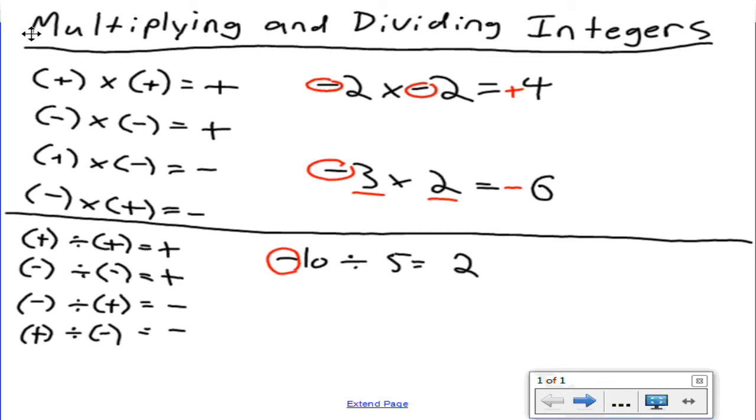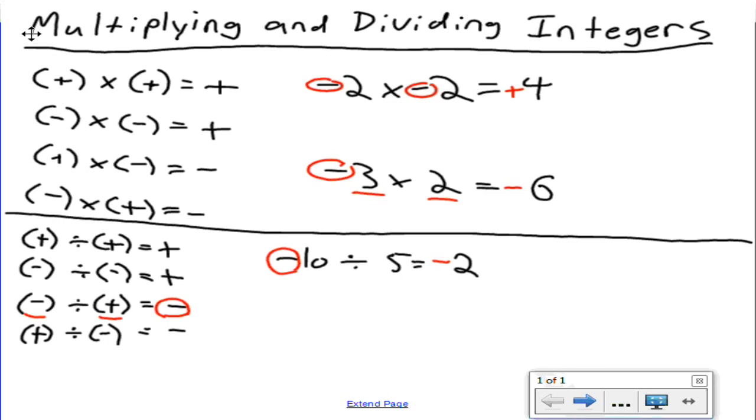I look at my symbols now after I've divided the two numbers, 10 divided by 5. I say I'm dividing a negative by a positive. So my answer is always going to be a negative. So the answer actually is negative 2. And if it was negative 10 divided by negative 5, the answer would have been positive 2.